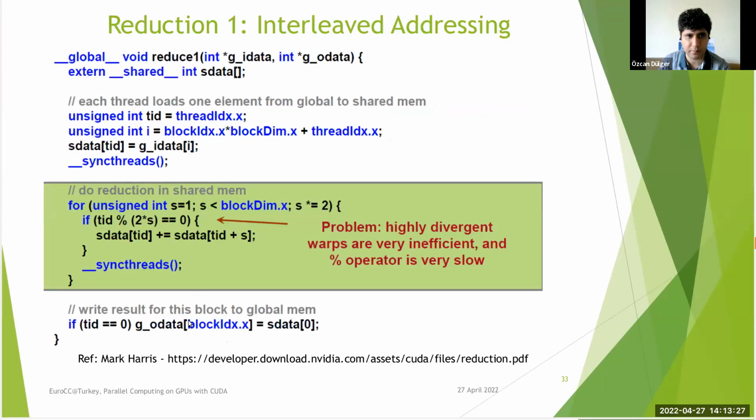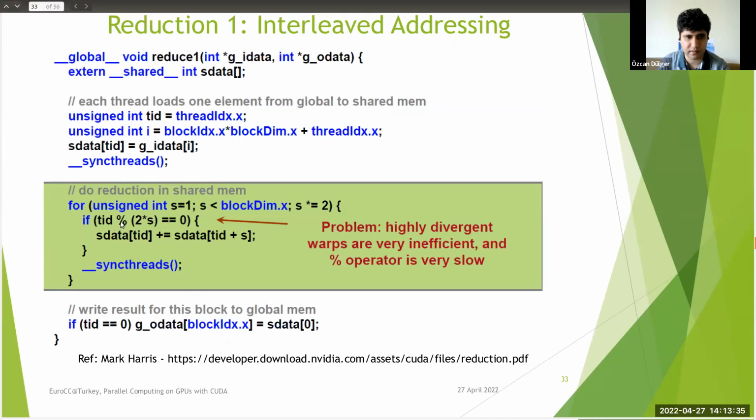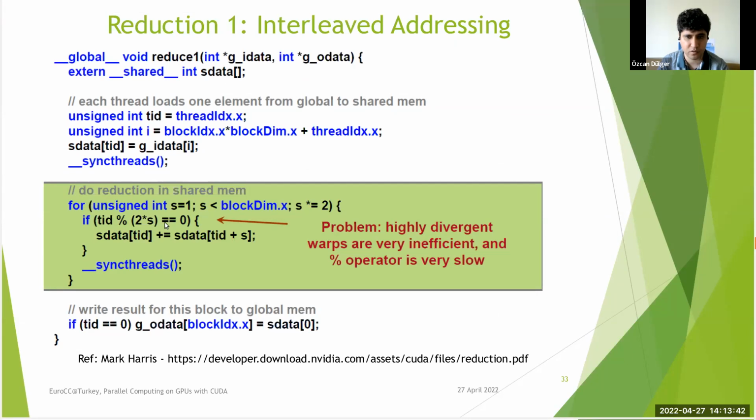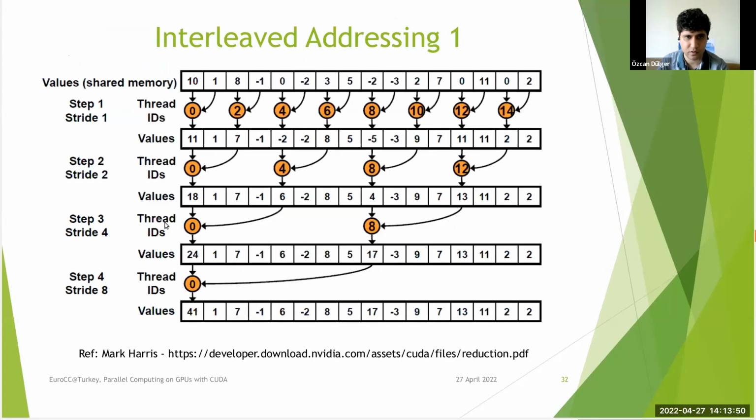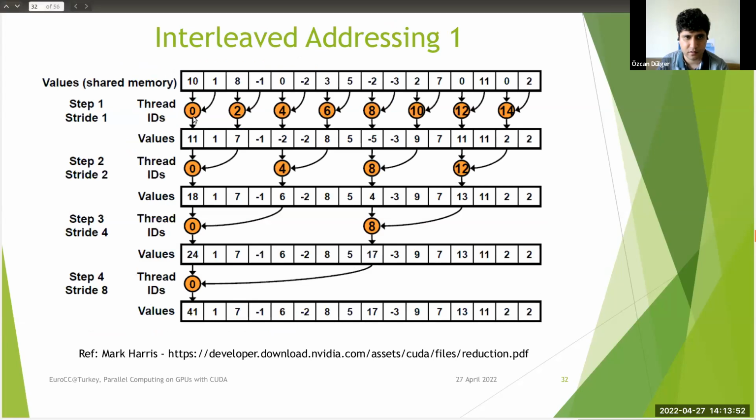But there are some problems in this approach. What are the problems? The first problem is that with this strided approach, there are highly divergent warps, so they are very inefficient for us. Let's look at it again. Thread 0, thread 2, thread 4 are active, but thread 1, thread 3, thread 5 are idle.